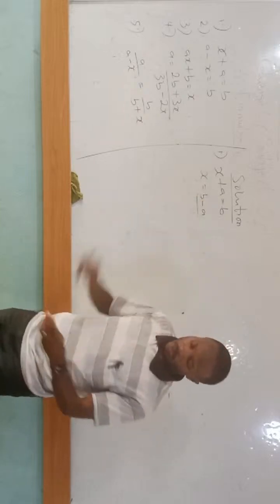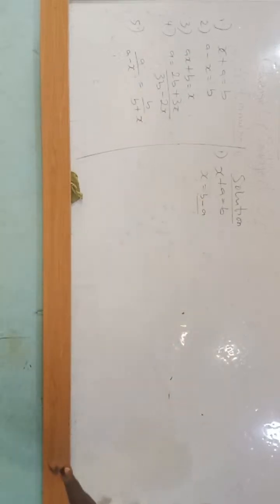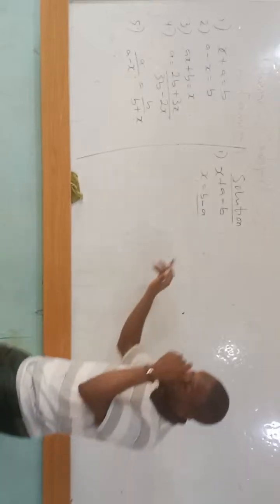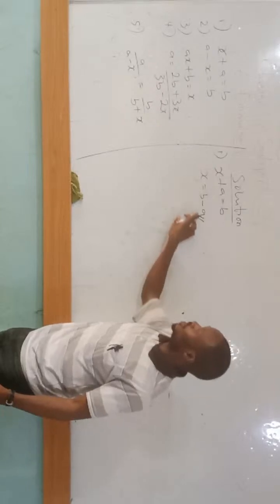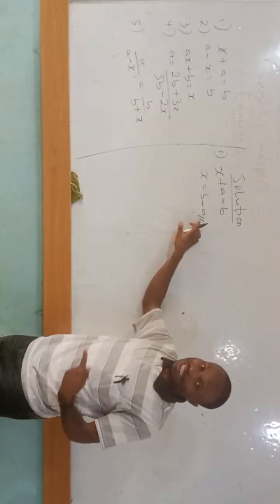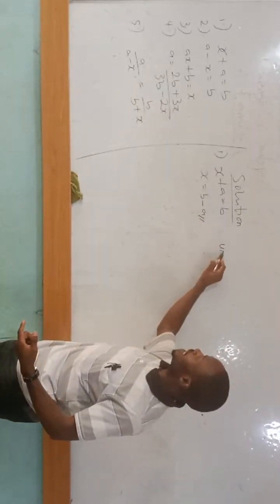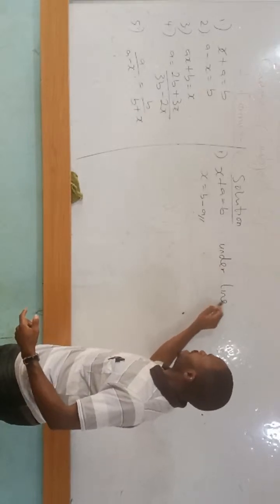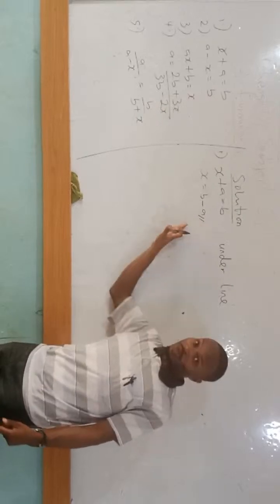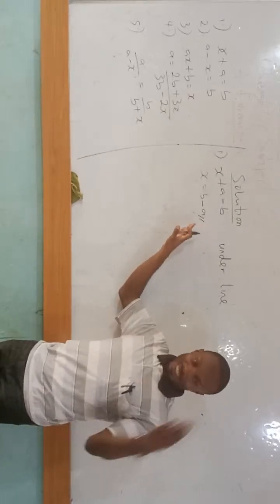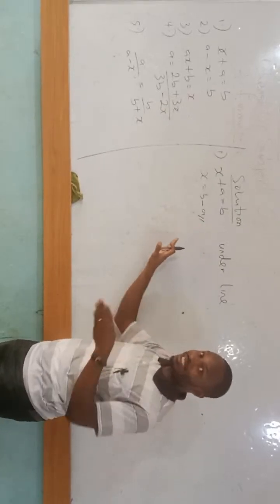And there you go. Now, in this class I observed something, and I want to correct that impression. Please, if you're underlining, don't do it this way. This is not an underline. It has to be a line that is under. If it's like this, is this a line that is under? What do you call it? Slant line or beside line.